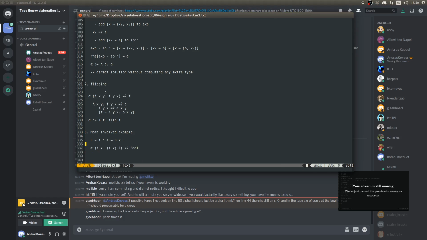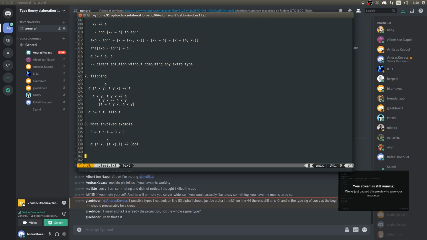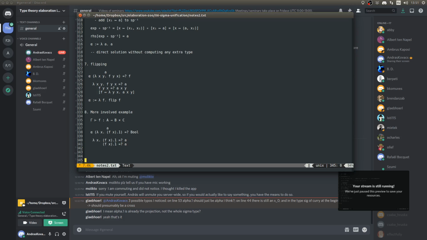Okay, and now let's do this problem. Then it becomes f x .1. Okay, and now I have to do an eta expansion of f. So eta expand f.